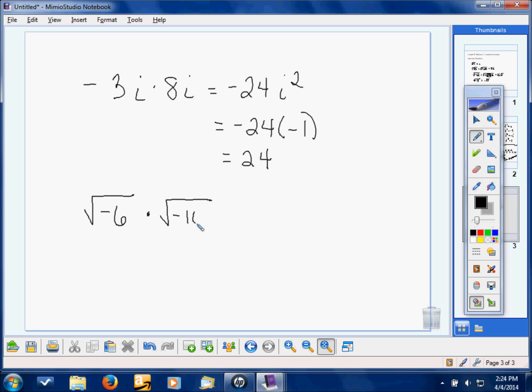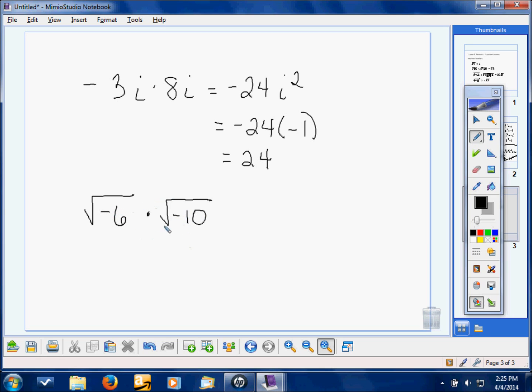Now, there was a little technicality that you probably glossed over, even though I put it up there. And that was, as long as the things underneath were positive, you could put them underneath the same radical. In this one, because there's a negative, we have to be a little more careful.